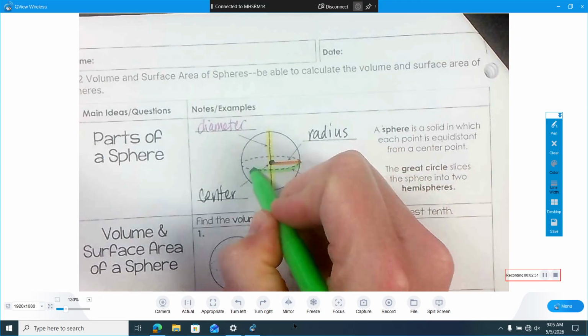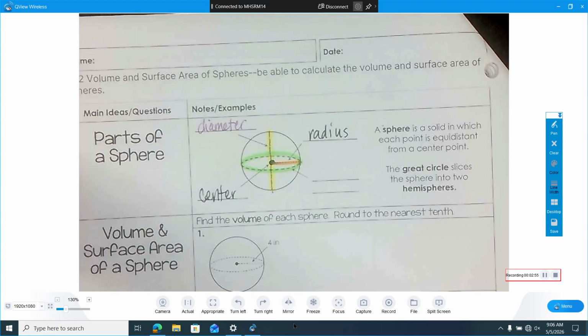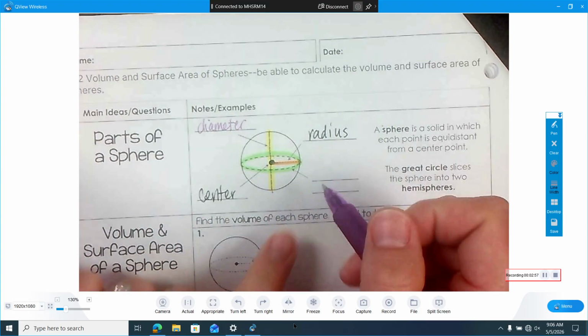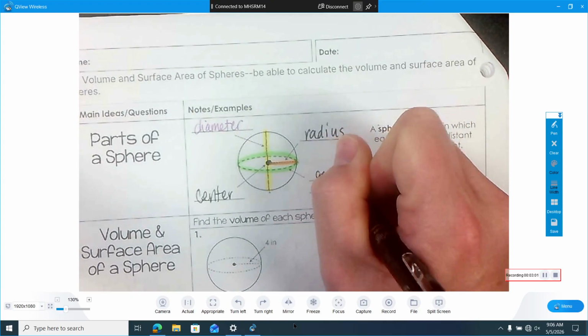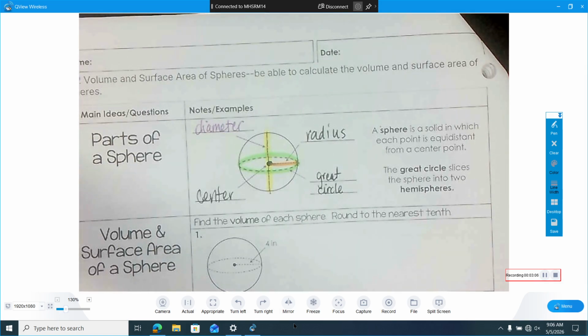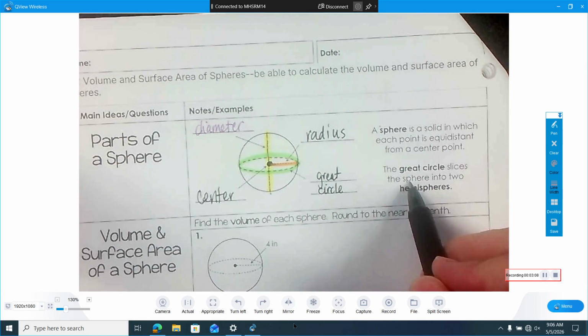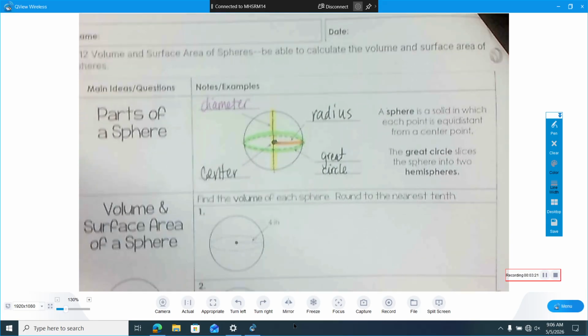It goes all the way around the sphere. That dotted line that goes all the way around is called the great circle. The great circle slices the sphere into two hemispheres, and it looks a lot like circumference. It goes all the way around, so that might be something we want to keep in mind.